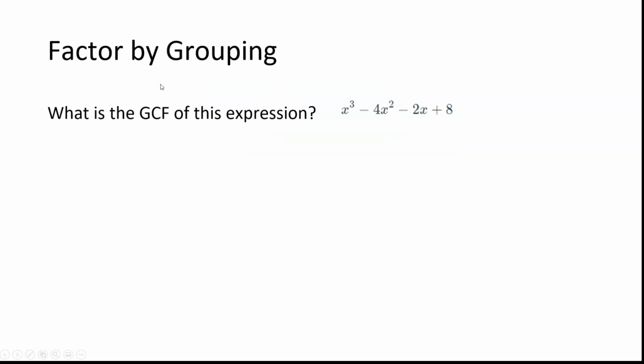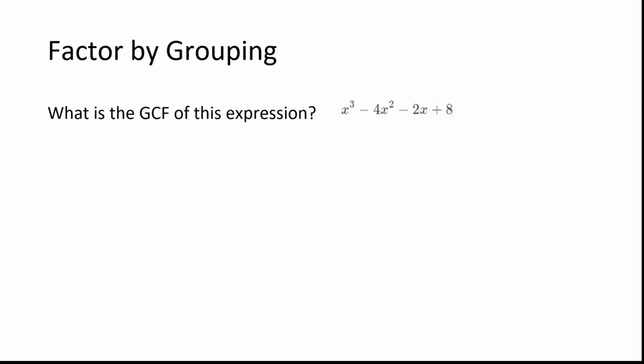So now we're going to try to apply this greatest common factor concept to factor by grouping. Okay? So we look at this expression. This expression has 4 terms. And we're going to think, what is the greatest common factor of this expression? Well, I know that it is not a variable, because we have x cubed minus 4x squared minus 2x, and then I see plus 8. 8 does not have an x in it.